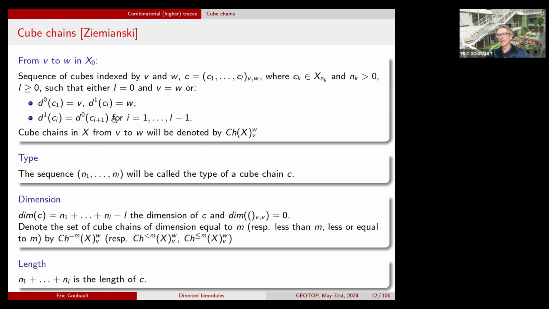So it's just cubes glued along their endpoints. The sequence of dimensions of these cubes, C1 to Cn, is going to be called the type of this cube chain. And the dimension of the cube chain itself is going to be computed as follows. It's going to be the sum of the dimensions of the individual cubes within that cube chain minus the number of cubes. I'll just show you examples right now, okay?